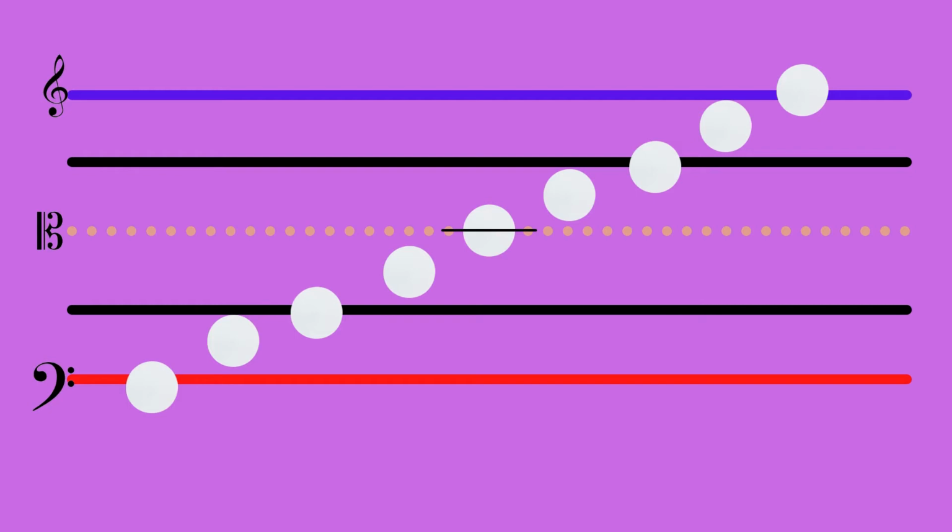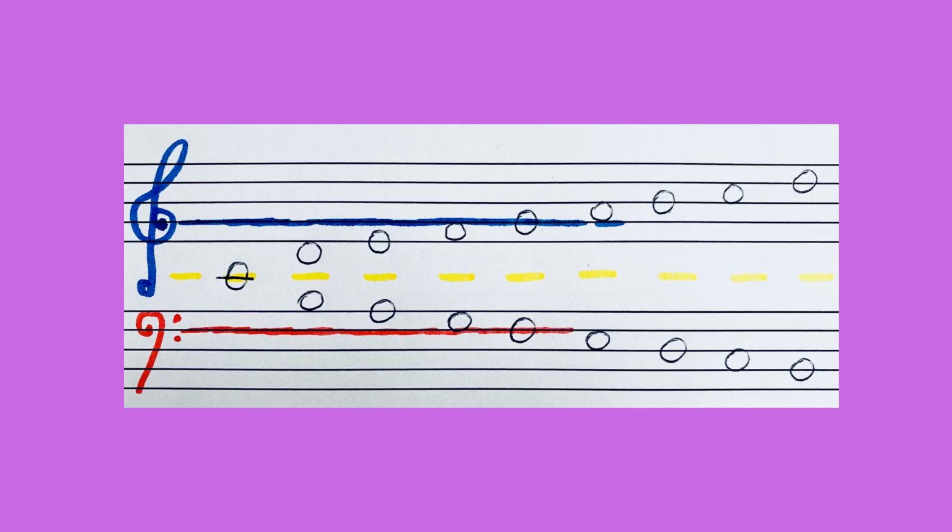I'm obviously missing quite a few lines, 3 lines on the bottom and 3 lines on the top, but these lines are the basics that will help me understand where the notes are. So I will find the G on the top and the F on the bottom, and all other notes are in between. This is usually what we're used to seeing when we play the piano, the middle C in the middle, on the yellow line.